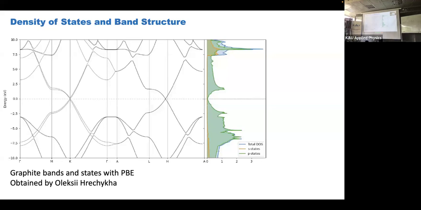In s we have only 4 electrons, and for p we have a lot of places where electrons can be seated. And that's why these p states of carbon give a lot of states. And s states, they are working here in low energy and working here.